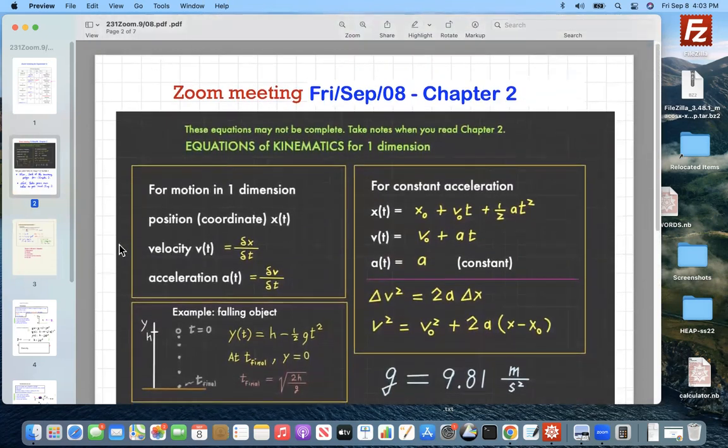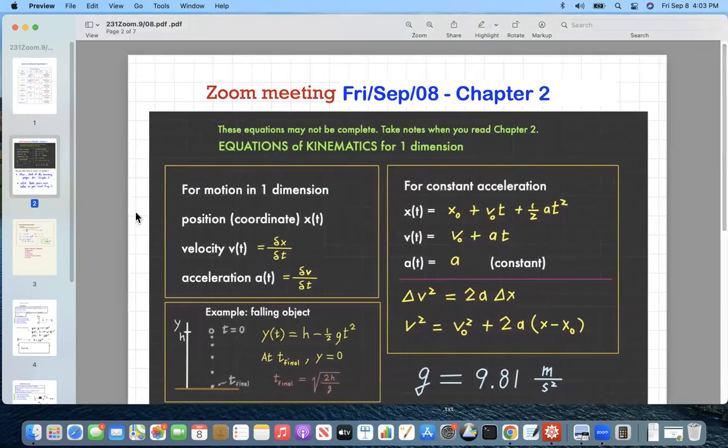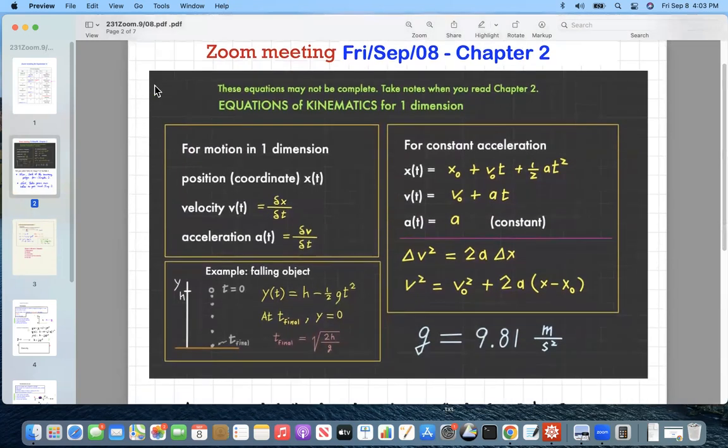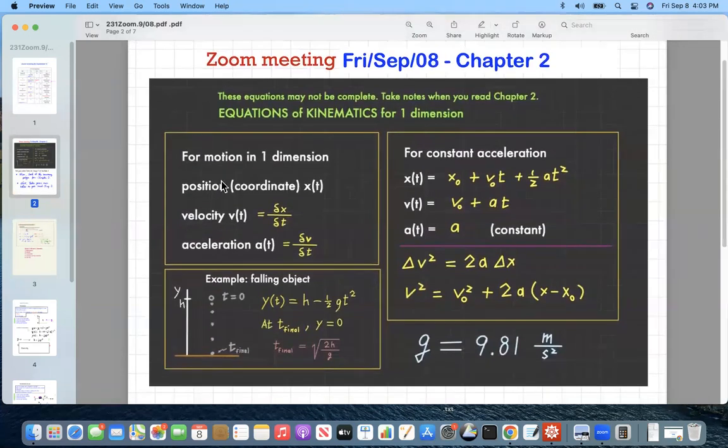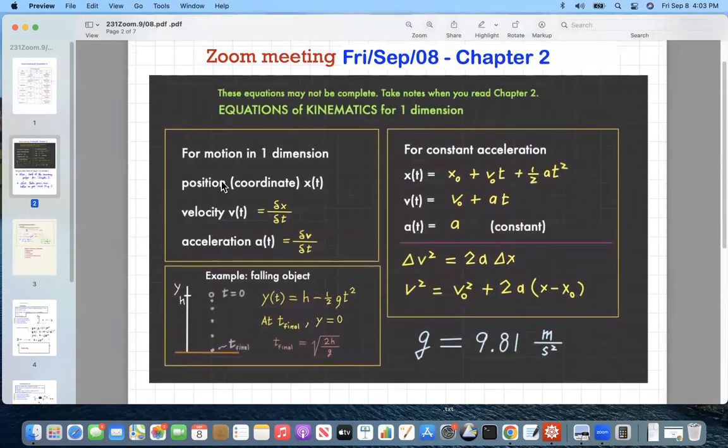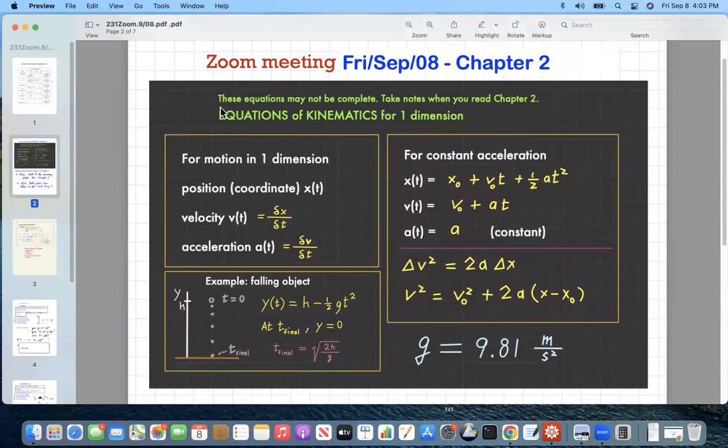Now, when you read the chapter, you should take notes. So here, for example, would be a set of notes for chapter 2, but these aren't really complete.